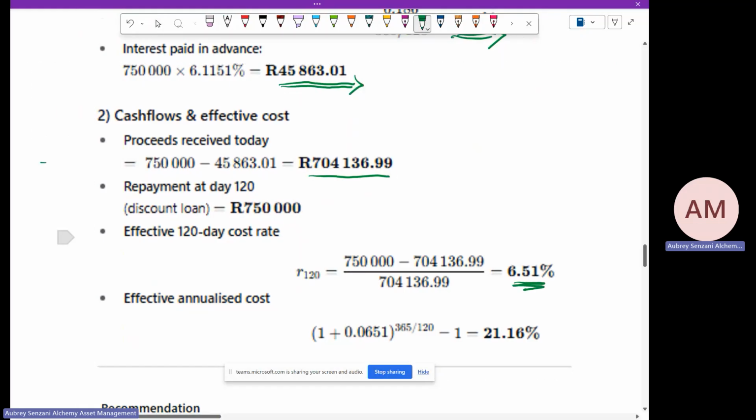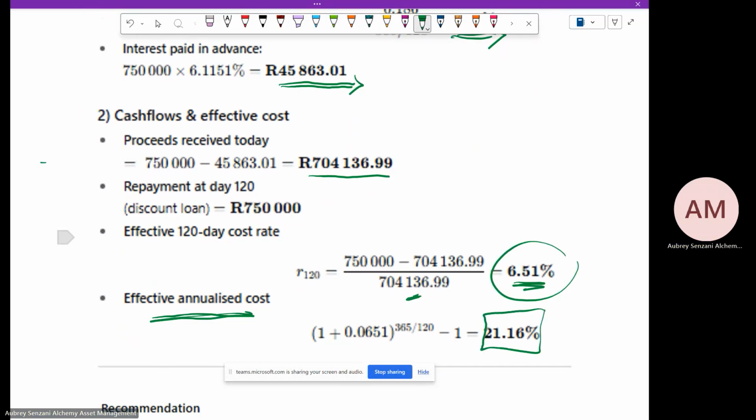The interest is the difference between what we have applied for and what we are going to receive, divided by the principal of what we are going to receive, which gives us 6.51%. Then we need to make it an effective annual cost. You plug those into your formula, and voila, you get 21.16%.